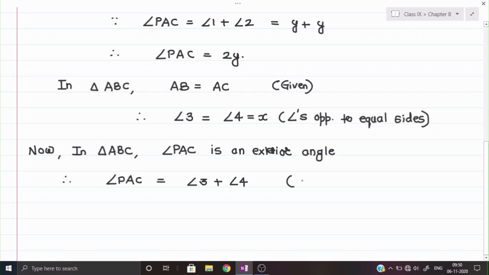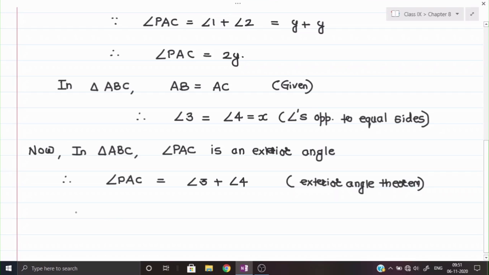Okay, here how we can say: exterior angle theorem, that we have covered in chapter number 6 already. So again, if you have any confusion in this theorem, we can go back and see in chapter number 6. There I have explained in detail.